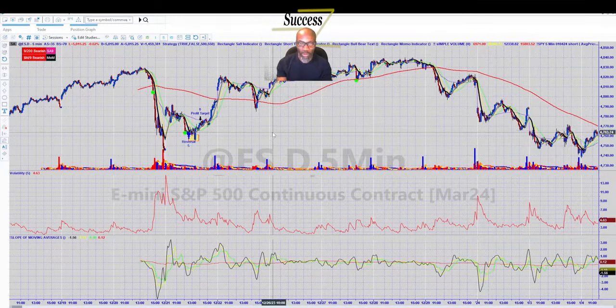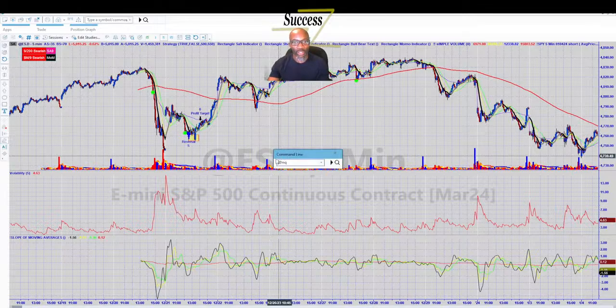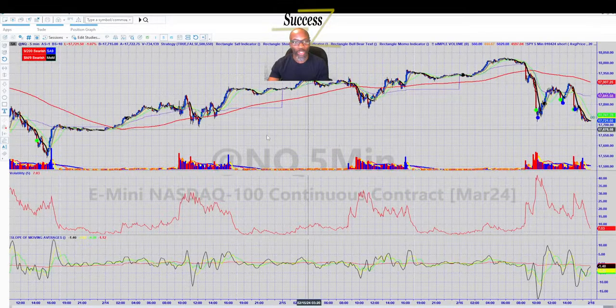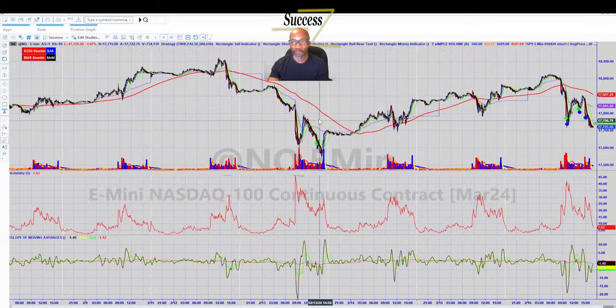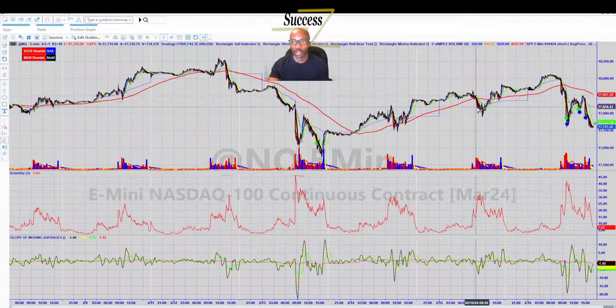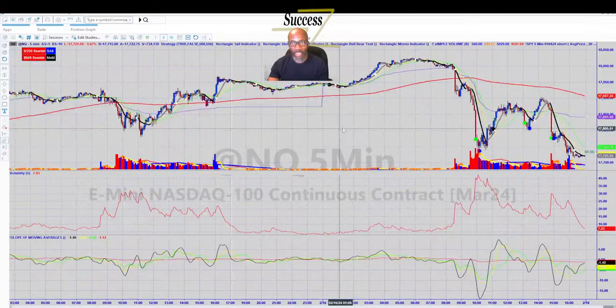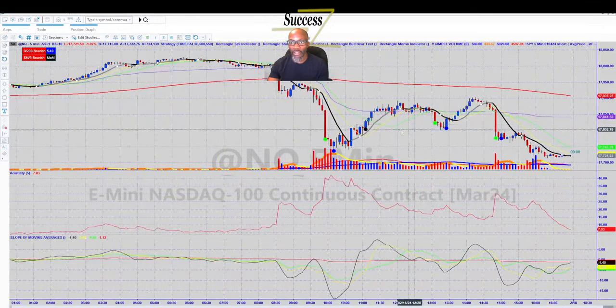Now if we put at NQ for this script, it won't work. We won't get any entries. But now these red and green bars, apparently it's still trying to populate the same setups that we had on ES.